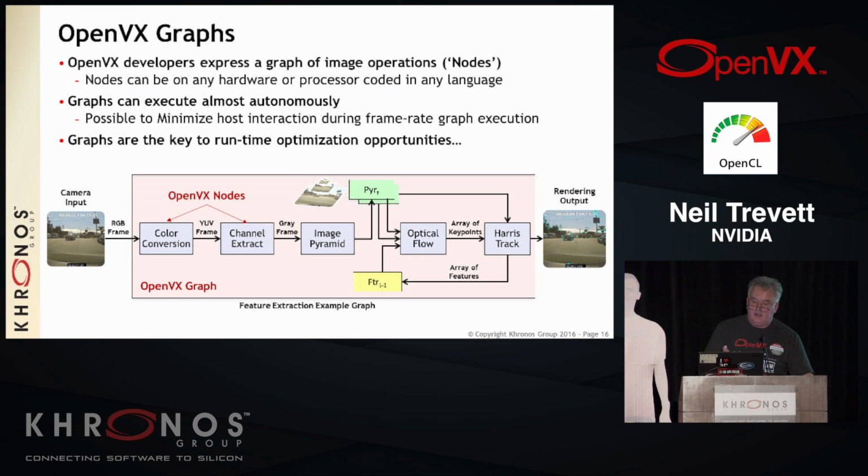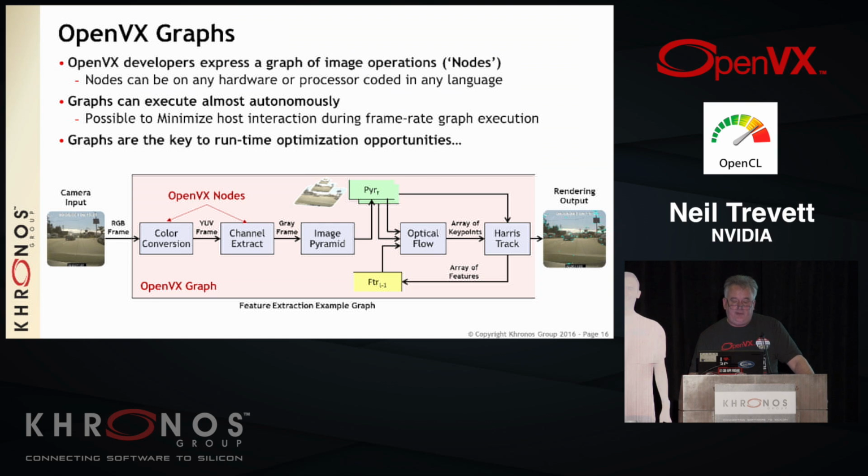The interesting thing is that once you've described the graph, OpenVX doesn't dictate at all how you implement it. So you can use any kind of hardware architecture that you wish. So you have a richness of optimization opportunities depending on your hardware architecture. The other interesting thing is there's no point having a super optimized graph that might be running on DSPs or hardware if you have to keep the CPU complex powered up to keep the graph running.